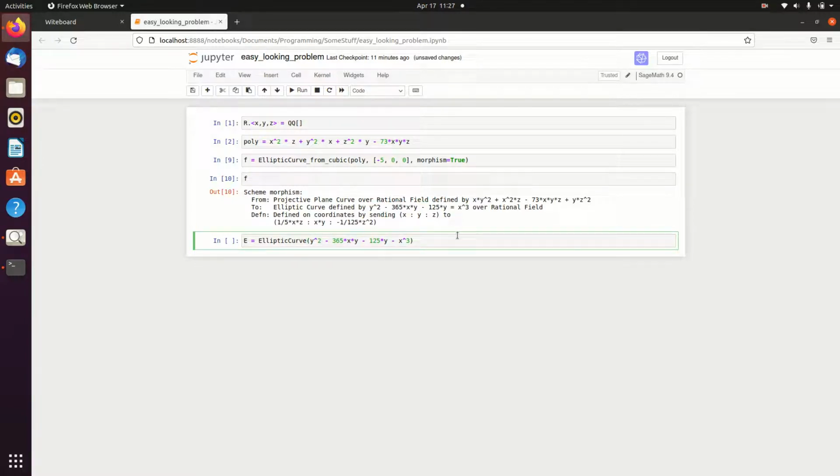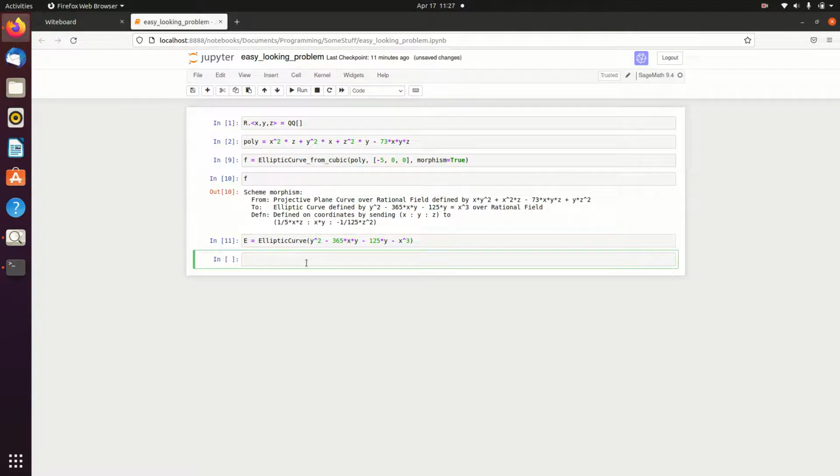We specify the cubic and we get our elliptic curve. Okay, that's our elliptic curve, and now we want to get points on it.